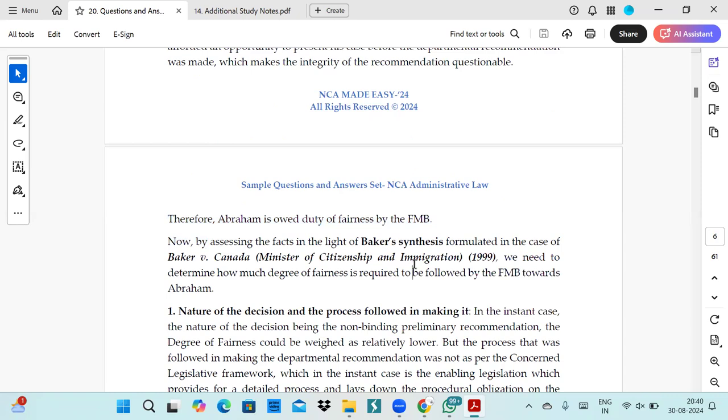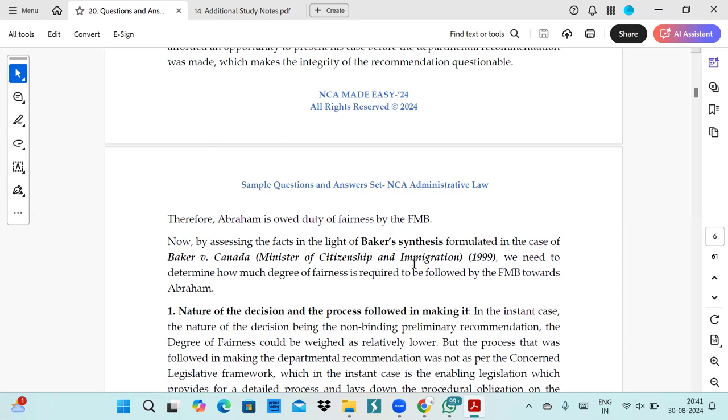Without the three-prong test, we will not be able to establish that here duty of fairness is required. Only when you establish duty of fairness is required and further say how much duty of fairness is required with the Baker synthesis. Without these two, we can't say that here notice was important, here the oral hearing was important. You can't go further and say those things without these two. These are the foundational things.